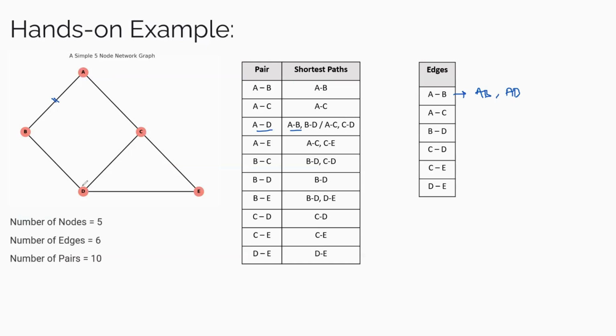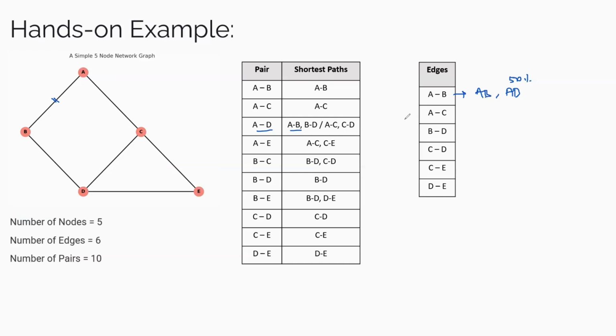But when we talk about A to D connection, there are 2 possible paths. So this edge will be appearing only in 50% of the paths existing between A to D. So I would only take 50% of the weightage from AD. If I have more paths, then obviously it will get distributed. Here 2 paths, so 50%. I don't see any other path, right?